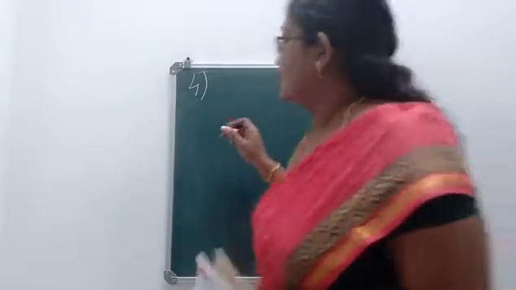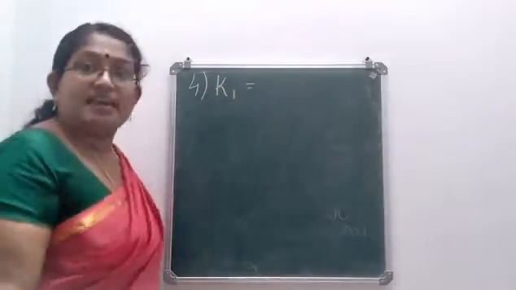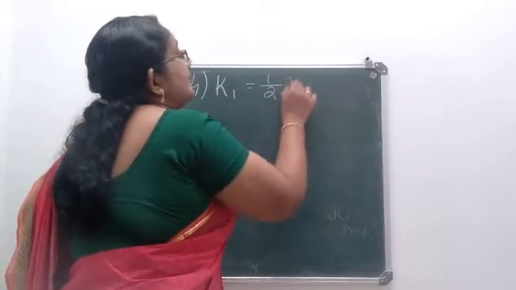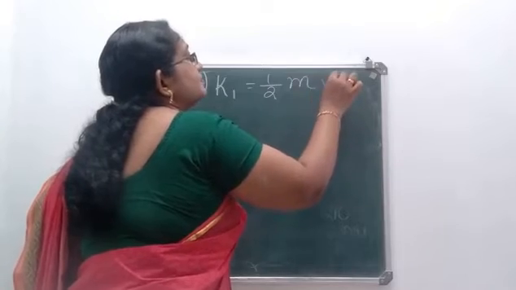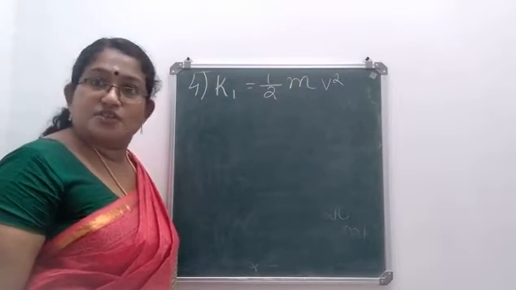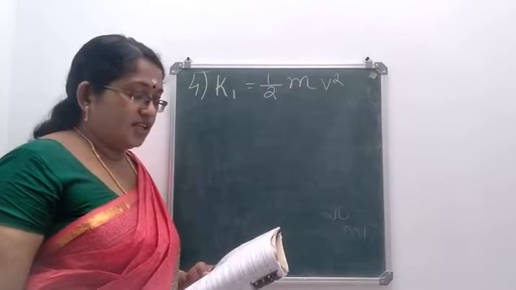Okay. So here, in the first case, let me take it as K1. Kinetic energy K1 is equal to half m v square. That is the standard equation for kinetic energy. Now, what is given in the question?